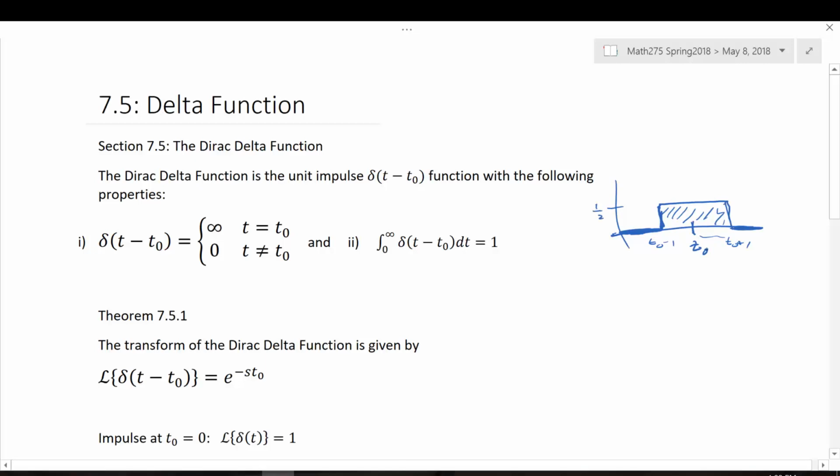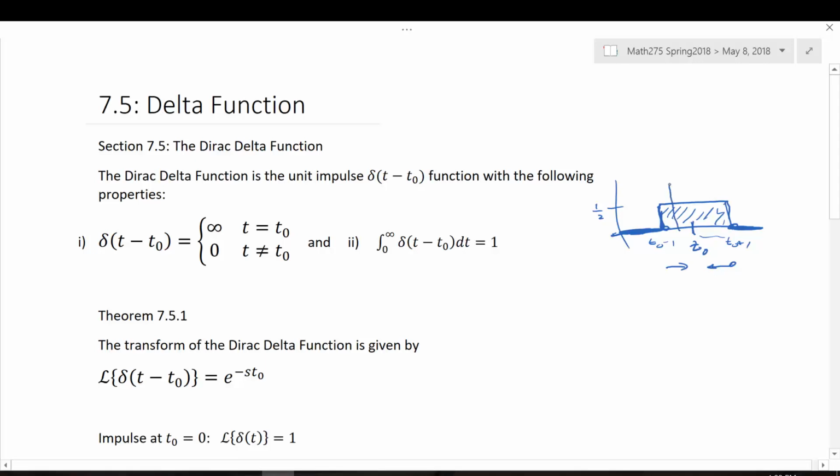So that the area of this function is 1. And then what they do is they take these points over here and they let those points, the distance from t naught to one of those ends, eventually go to 0.